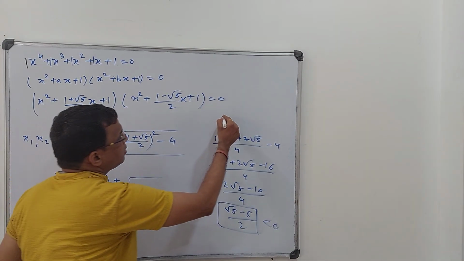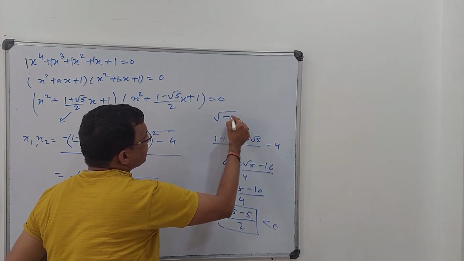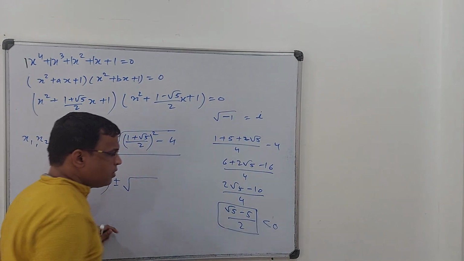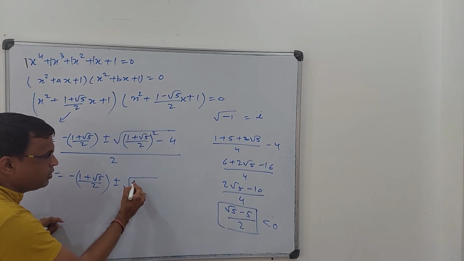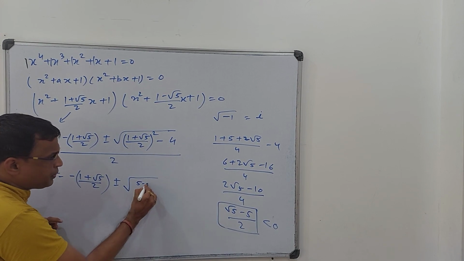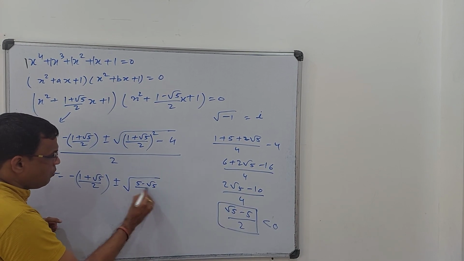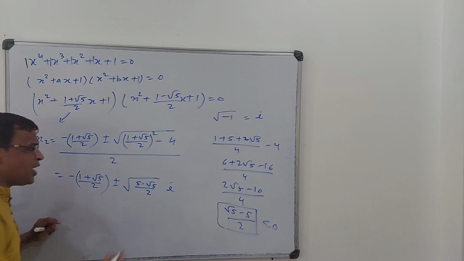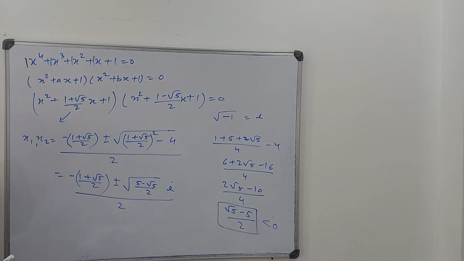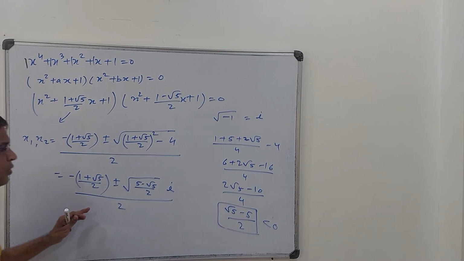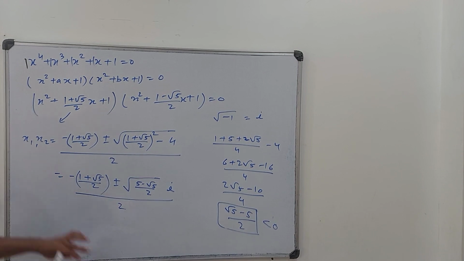We know that under root of minus 1 is nothing but i. So this negative we will adjust and keep it like that: (5 minus root 5) upon 2, and outside it is i, and the whole divided by 2. So in this way you got your answer. This is your solution, the first solution.